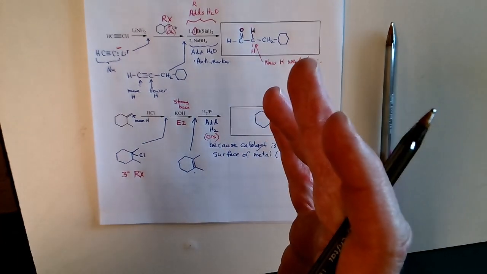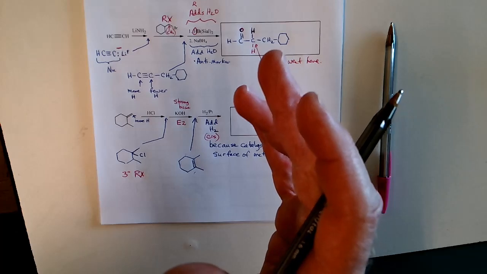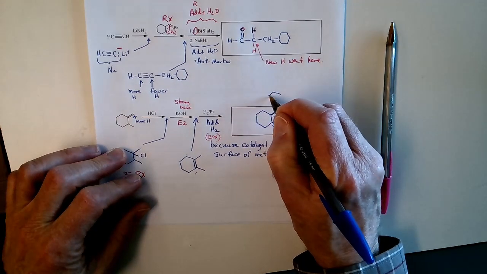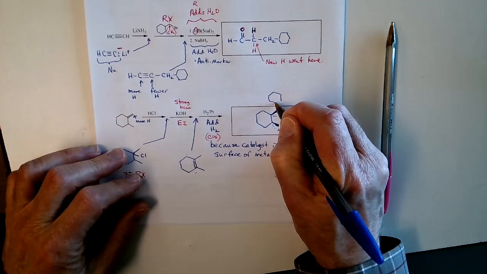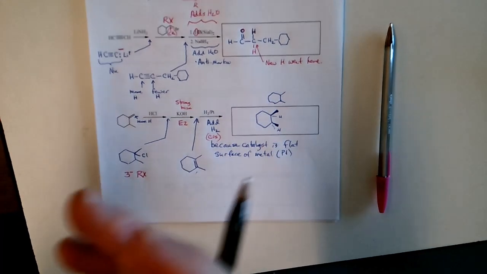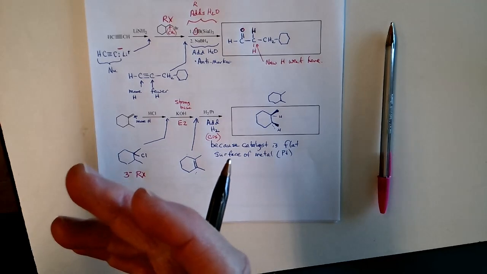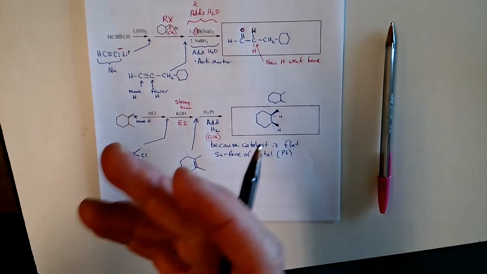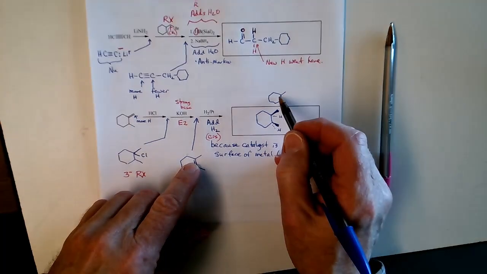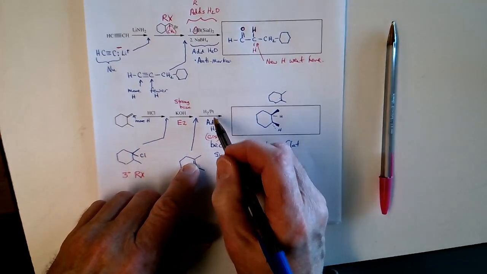Does that make any sense there? Let me redraw this. If I had simplified this and drawn it like this, would that kind of help you see it? Alkene, alkane. Adding hydrogen.